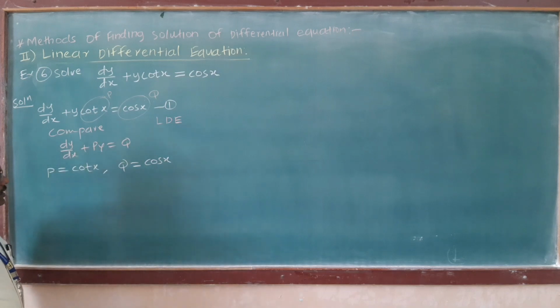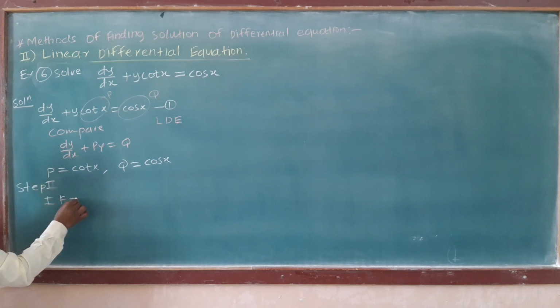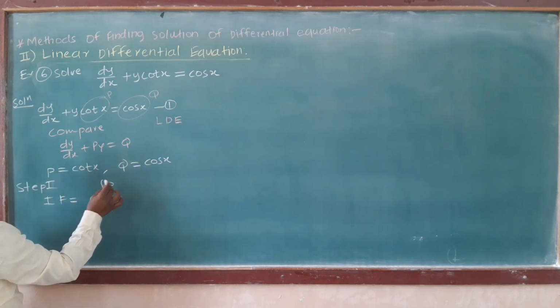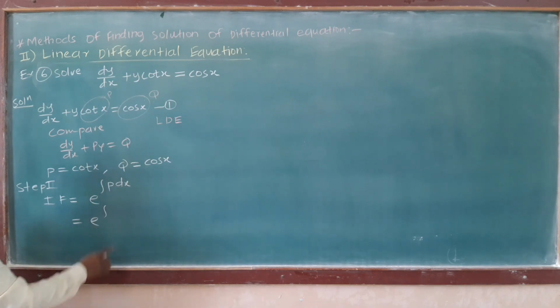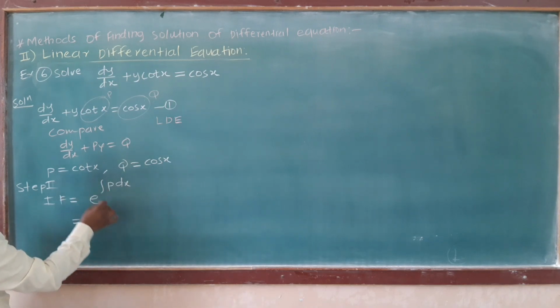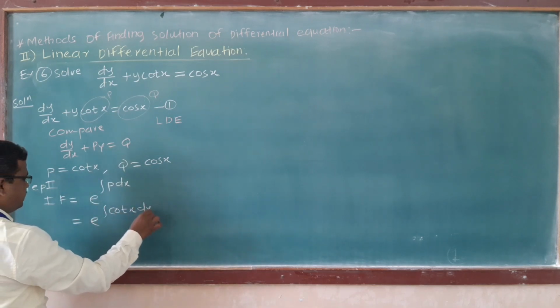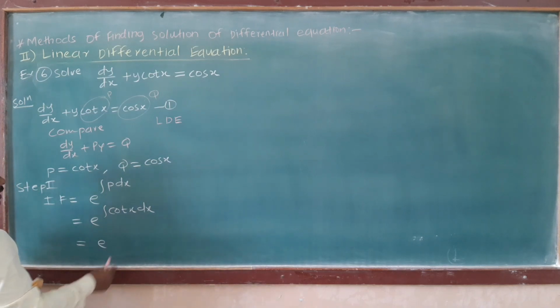Since this is a linear differential equation, see how to solve. In step first we obtain the integrating factor. What is the integrating factor? E raised to integration of P dx, which is equal to e raised to integration of cot x dx.